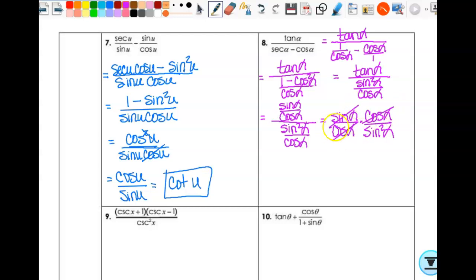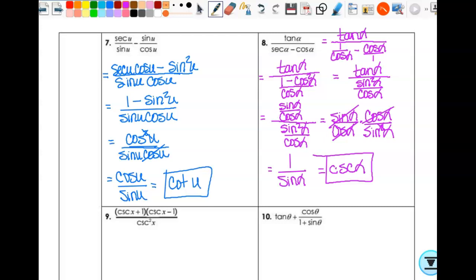I can cancel this sine with one of those. So that leaves me with 1 over sine alpha. And what is 1 over sine? Cosecant. Cosecant alpha. Okay. Any questions? Okie dokie.